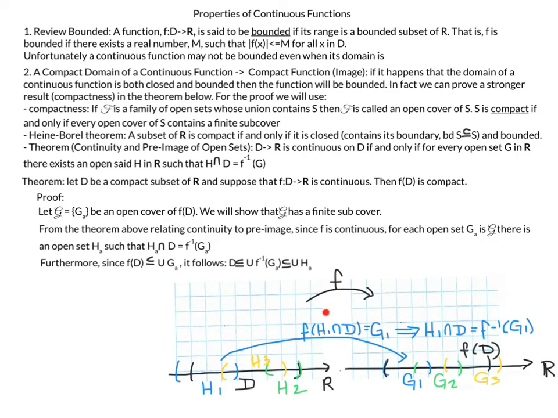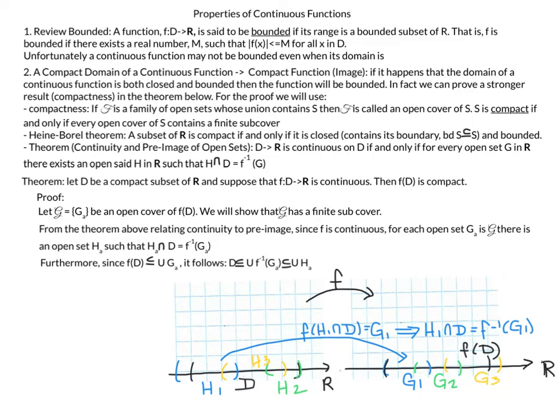In other words, H1 intersected with D is the pre-image of G1. And I can write similar statements for H2 and H3. So that's what this here is saying. For each open set GA, there is an open set HA such that the open set HA intersected with the domain is the pre-image of GA.